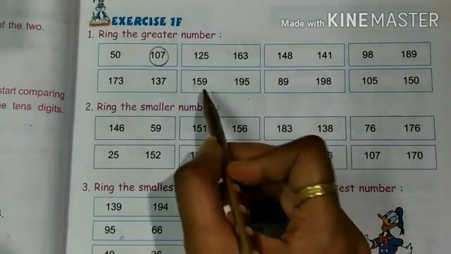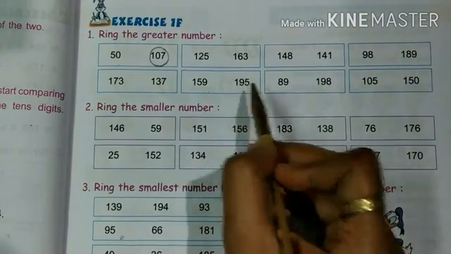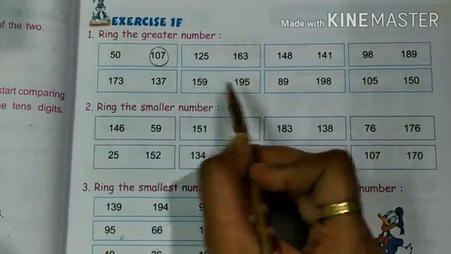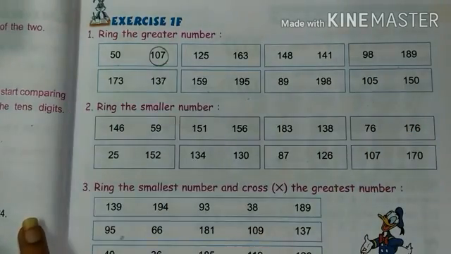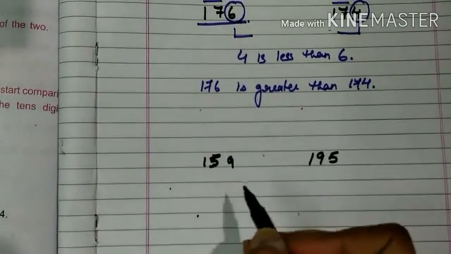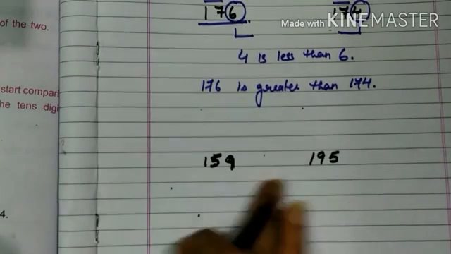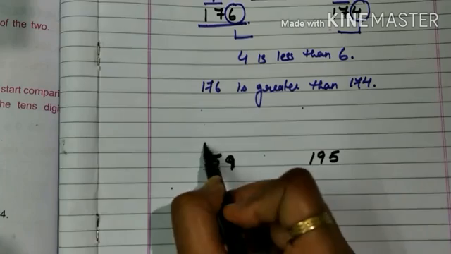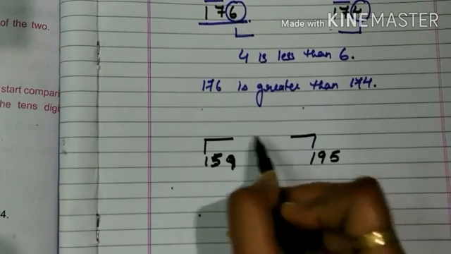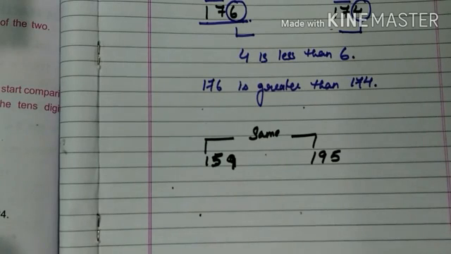Now again 159 and 195. So 1 and 1 are same. From here you can see I am solving the problem for you. 159 and 195, the hundreds digits are same.